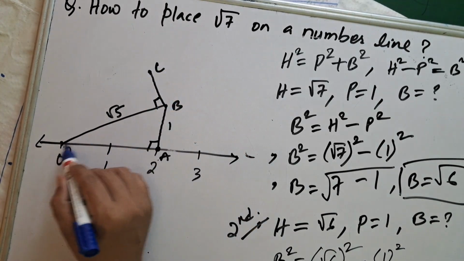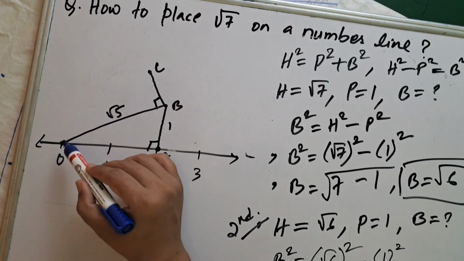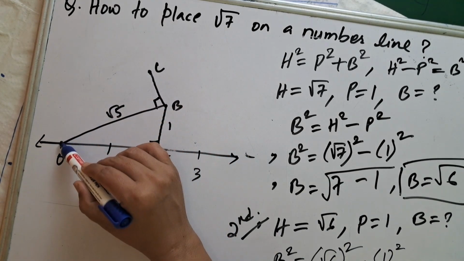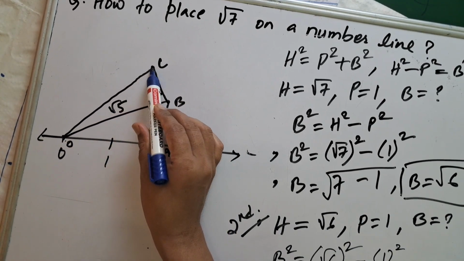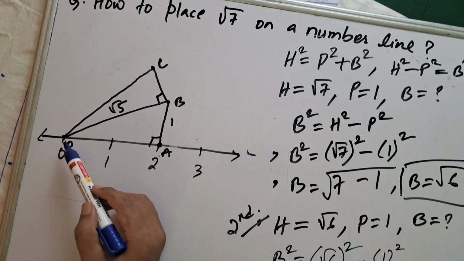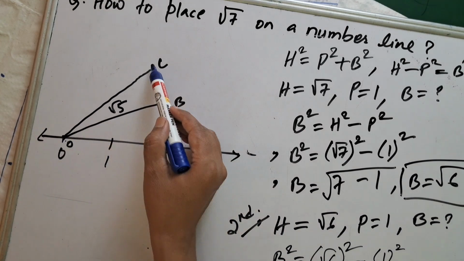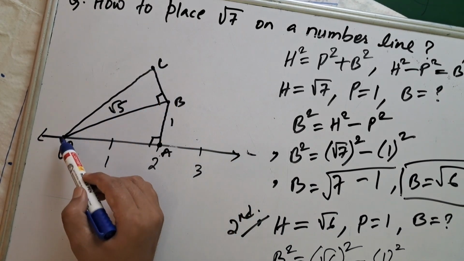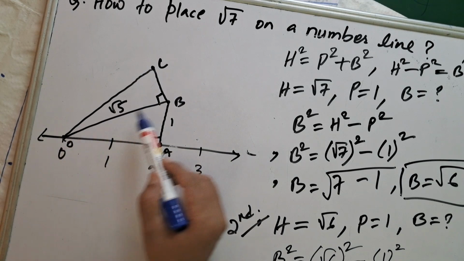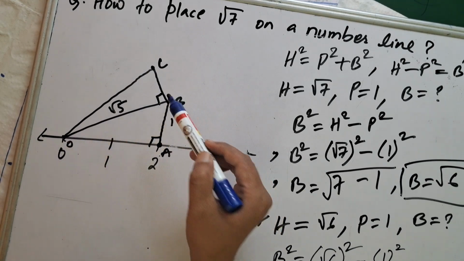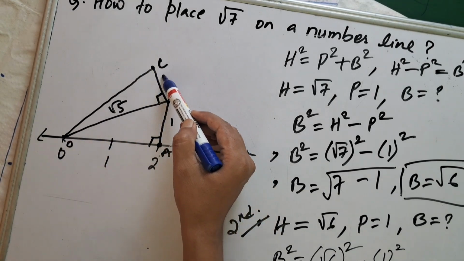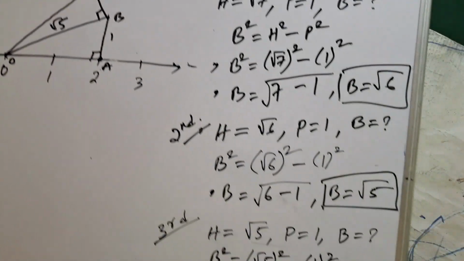Now we join O and C. You can see another right angle triangle OBC, isn't it? In this right angle triangle OBC, the base is OB, which is root 5, and the perpendicular is BC, which is taken as 1.